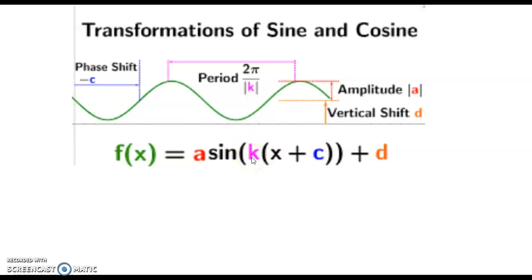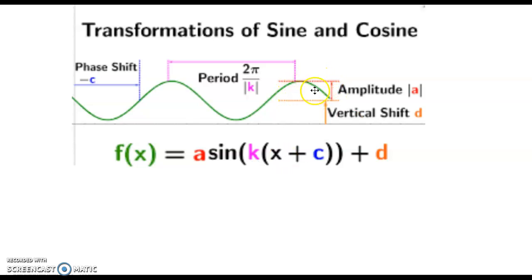A negative number here and here do not indicate anything except reflecting. We'll talk more about that in a minute. But so now to calculate the period for sine and cosine, if we have a horizontal dilation, we'll take the original period, 2 pi, and divide it by the positive k value.